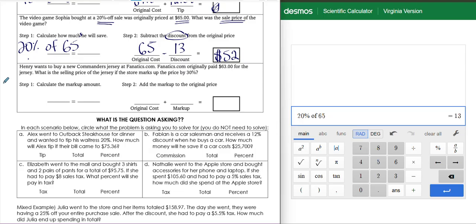Henry wants to buy a new Commanders jersey at Fanatics.com. Fanatics.com originally paid $63 for the jersey. What's the selling price of the jersey if the store marks up the price by 30%? So we're marking up the price. We're increasing the price by that 30%. So first off, let's find 30% of 63.